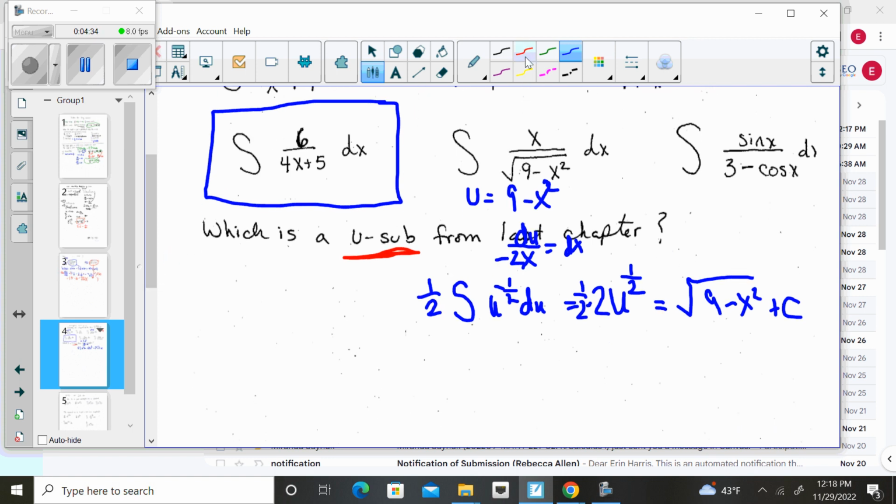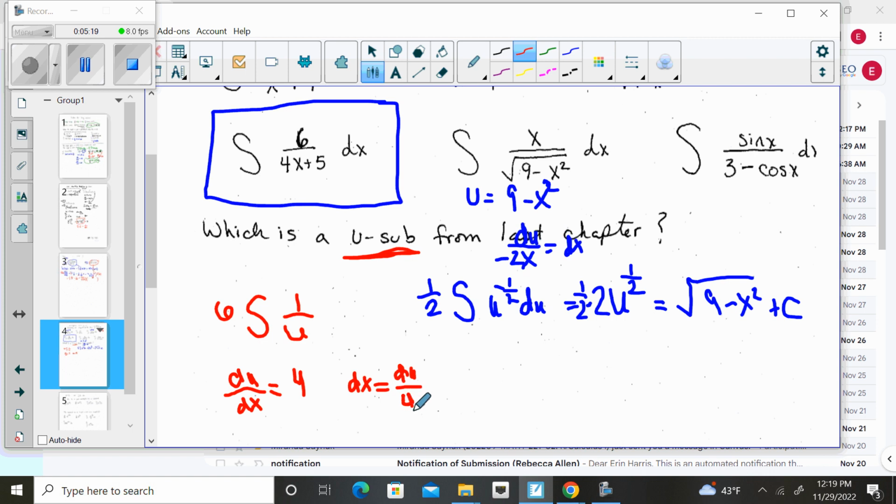Okay, some people get confused because the derivative of the denominator is 4, and you look up there and say, well, I don't see a 4, I see a 6. But let's not forget that the 6 can just come out in front. The constant can just move in front. Then if we let u be the entire denominator, du dx is 4, making dx equal to du over 4.